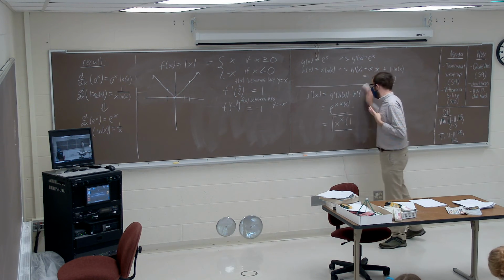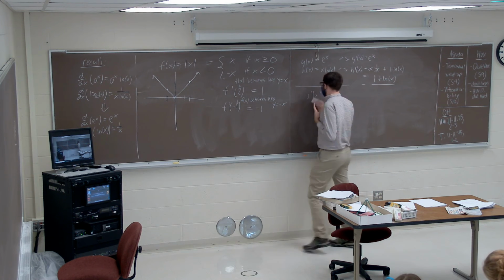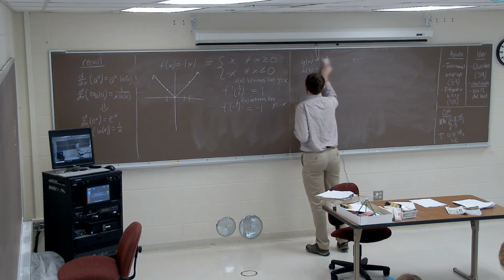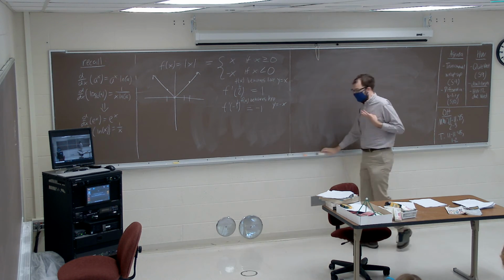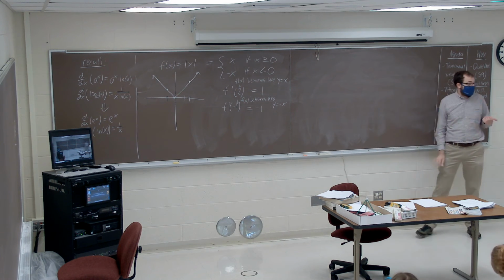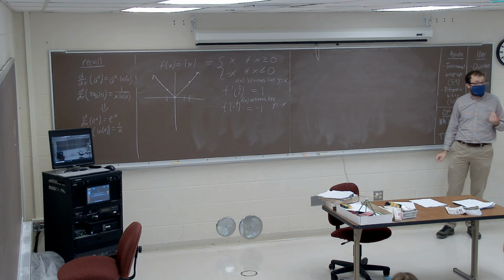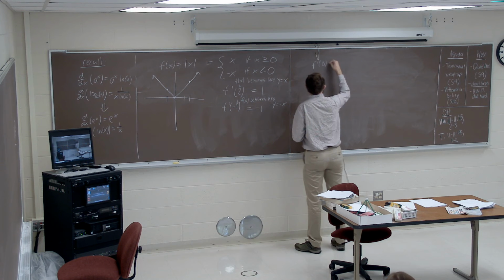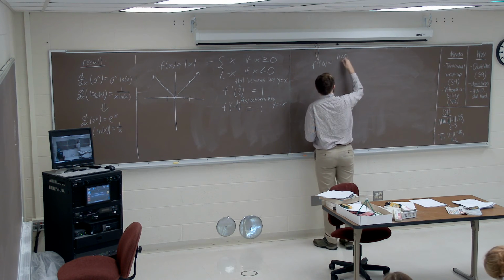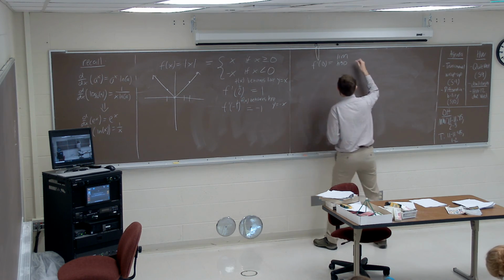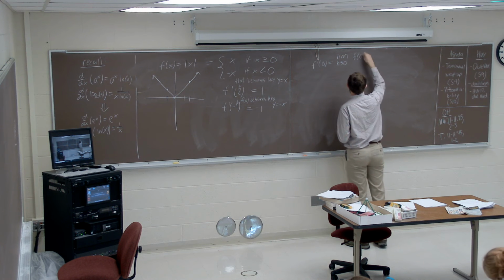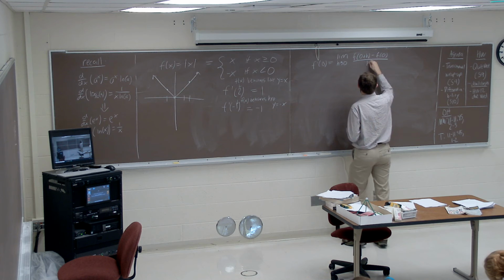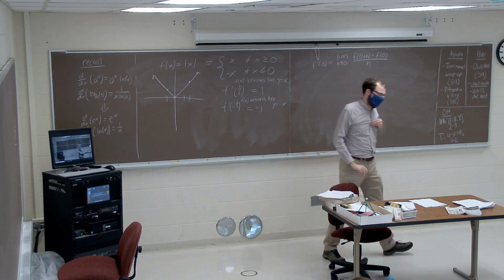So what Zach has proposed is that we use the limit definition of the derivative, and don't worry, this one won't be super complicated, to actually go through and see what happens if we try to evaluate f prime of 0. Which by definition should be a limit as h goes to 0 of f of 0 plus h minus f of 0, all over h.